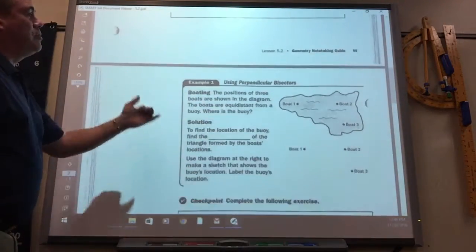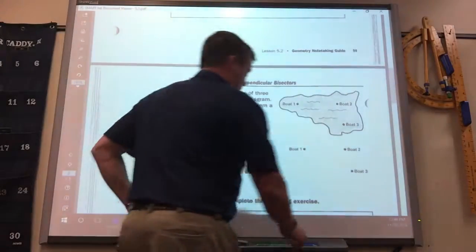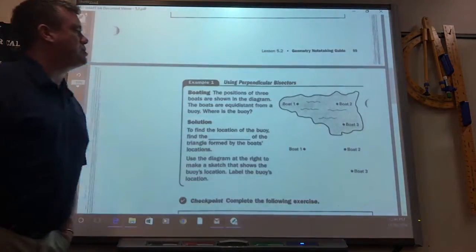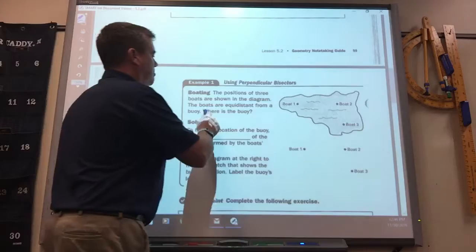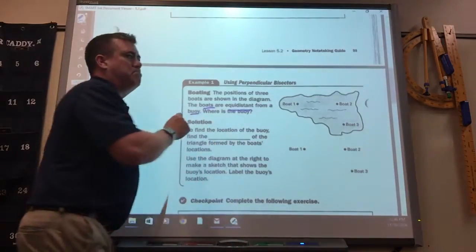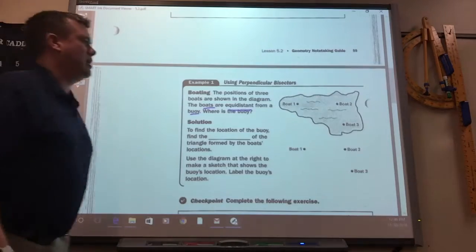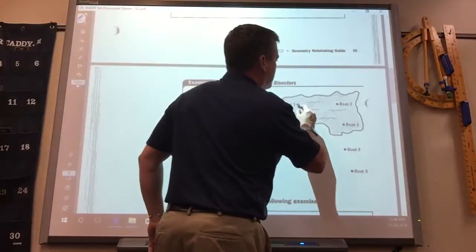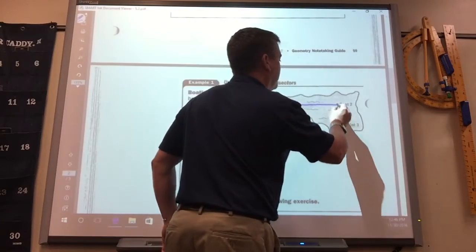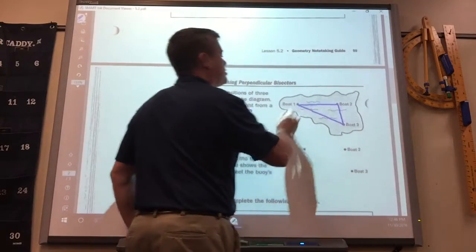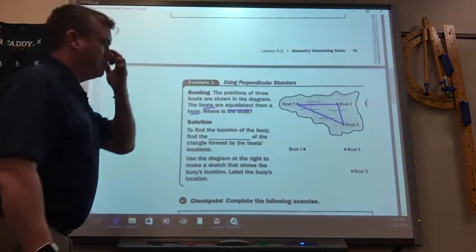Okay, so here's an example where there's 3 boats in the water. The boats are equidistant from a buoy. Everyone know what a buoy is? Floats in the water. So if we connected these boats, it looks like it's an obtuse triangle.